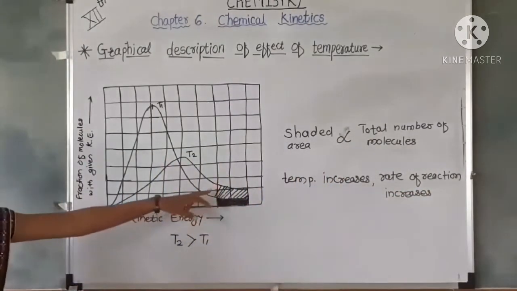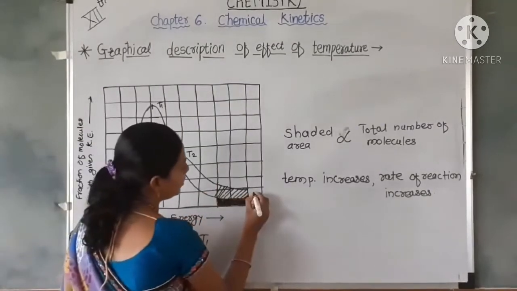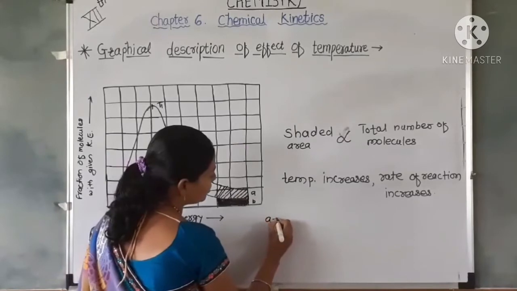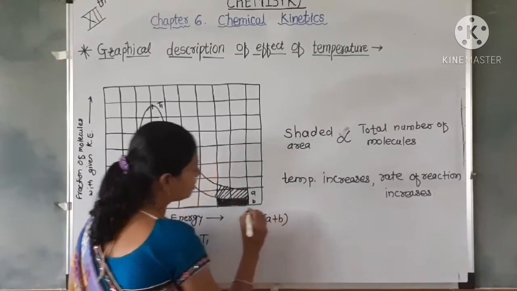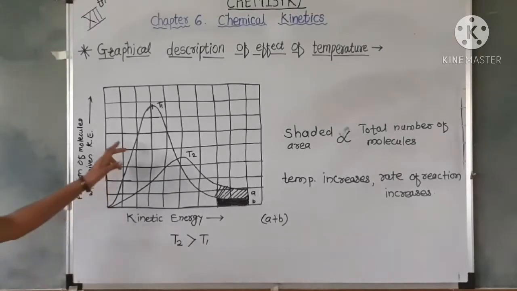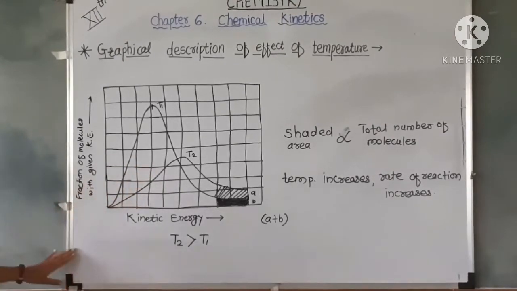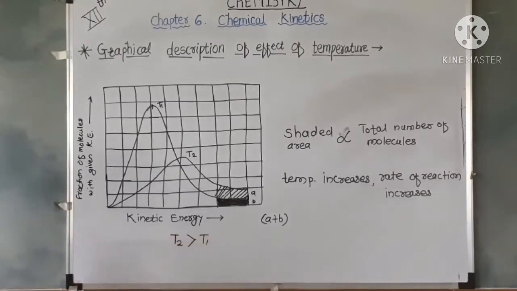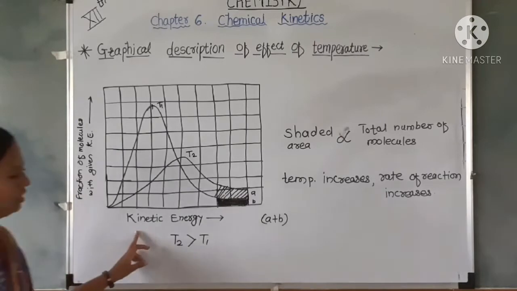If we mark the areas A and B, the total A plus B is the shaded area, which is the same at temperatures T1 and T2, but the area represents the fraction of molecules with kinetic energy exceeding the activation energy EA.